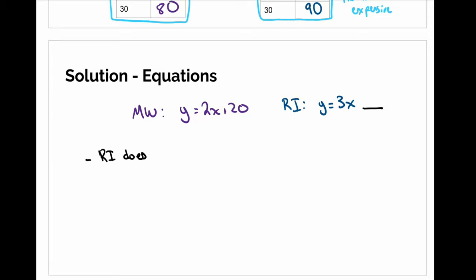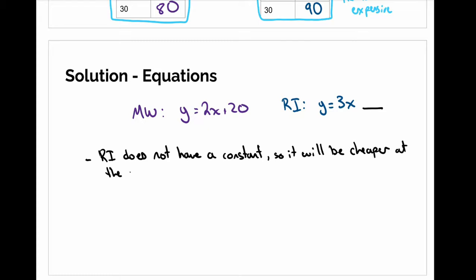Because it doesn't have an initial value, there is going to be a certain point of time or a certain number of visits or rides where it is going to be cheaper because you don't have to pay that upfront fee. So Radical Island does not have a constant, or in this scenario, an admission fee. So it will be cheaper at the start.